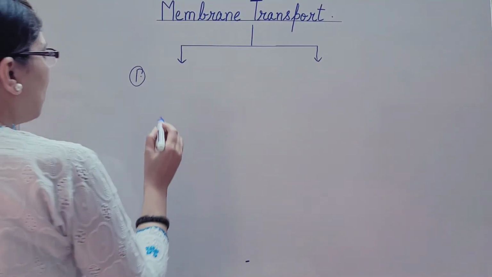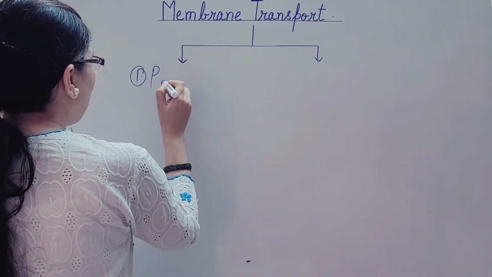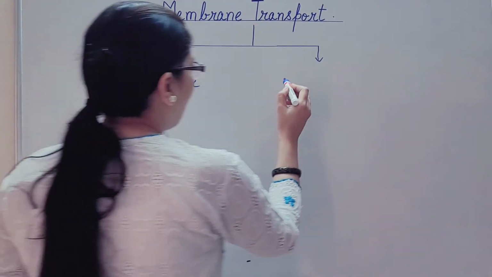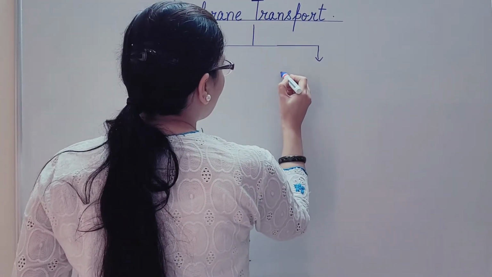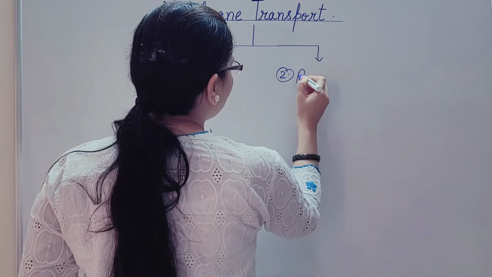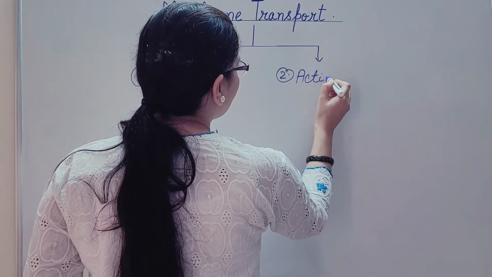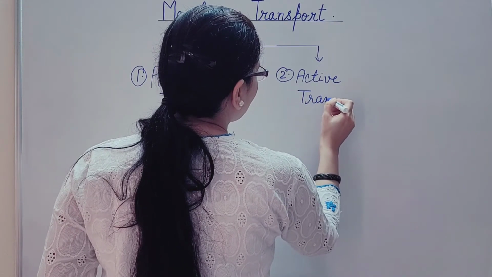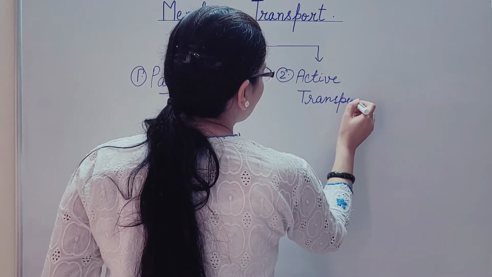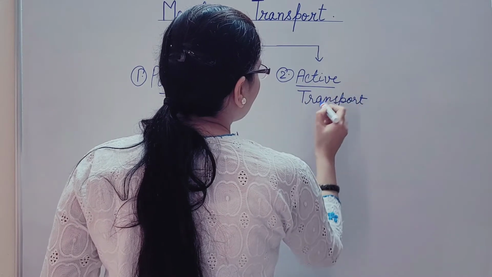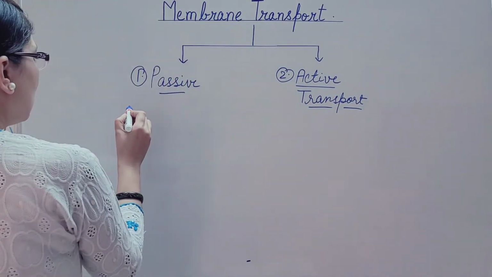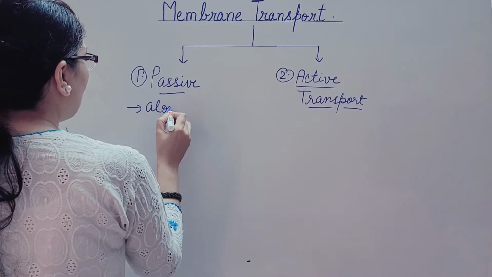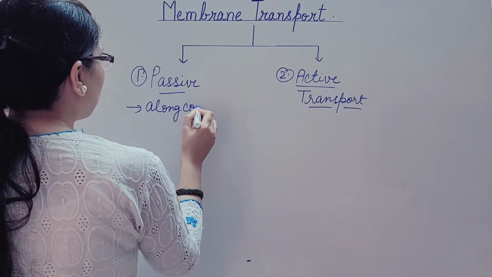Transport across the plasma membrane is of two types: passive transport and active transport. Passive transport occurs along the concentration gradient.